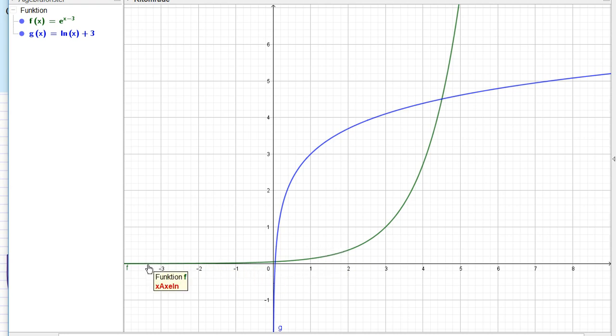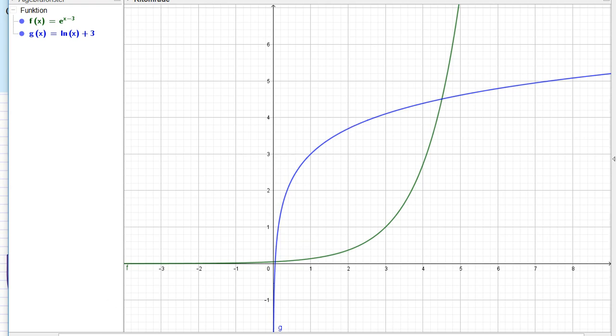Our domain is all x, but our range is only when y is greater than 0. For the inverse, our domain is when x is greater than 0, and our range is all y.